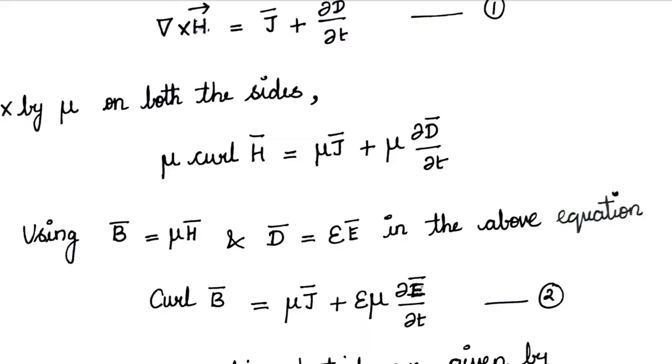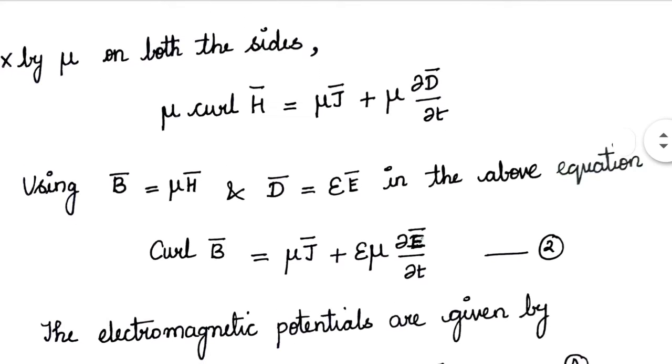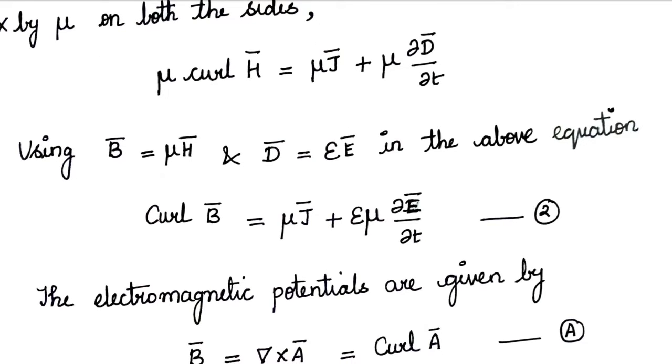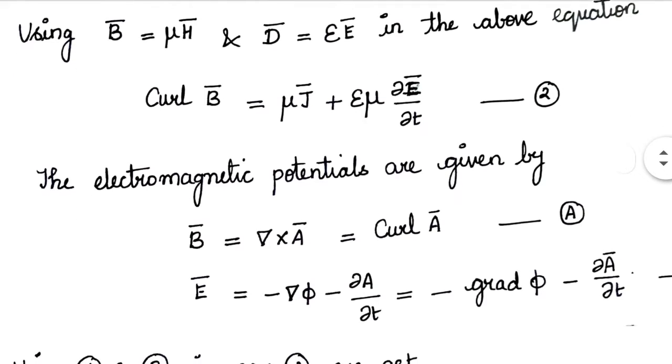Let us replace mu H as B in the above equation. We get curl of B vector equal to mu J vector plus epsilon times mu into dou E vector by dou T. The last term we get when we replace D by epsilon E. So, the curl B vector equal to mu times J vector plus epsilon mu into dou E by dou T. Let us take it as equation 2.